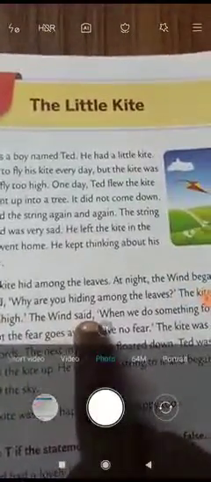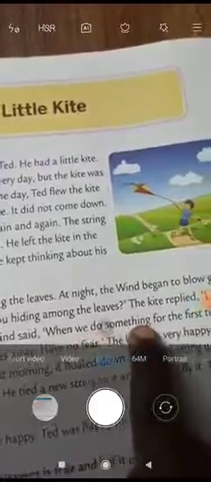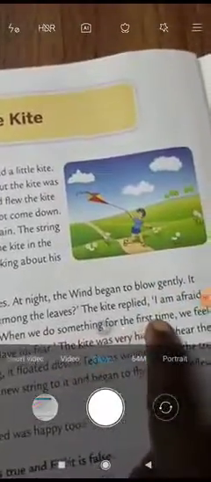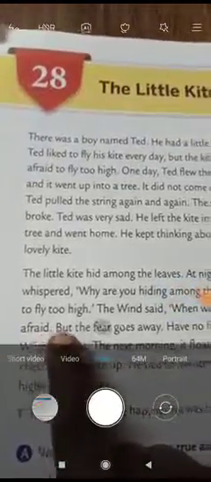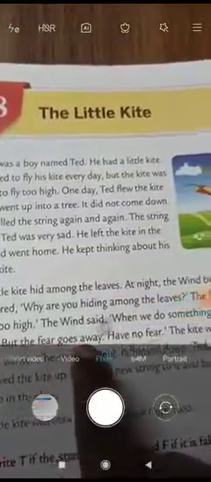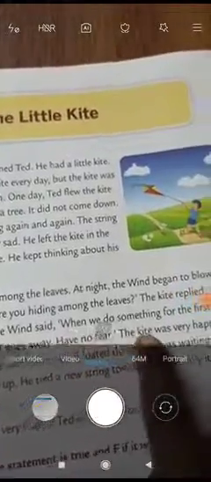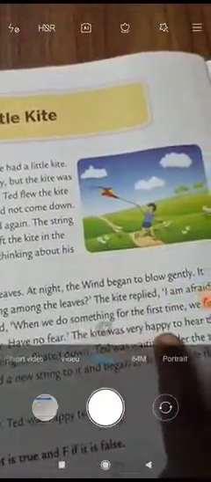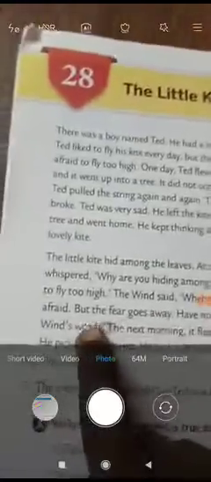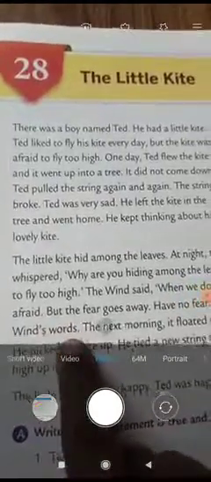The wind said, when we do something for the first time, we feel afraid. But the fear goes away. Have no fear. The kite was very happy to hear the wind's words.